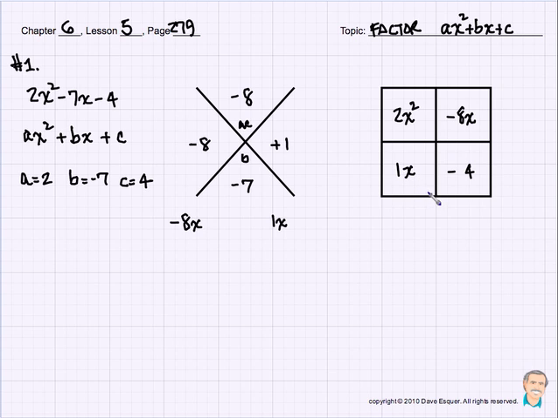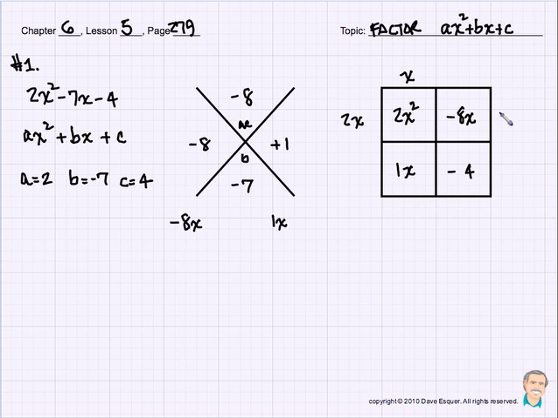Again, we're just finding the sides that give us the areas in the box, the opposite of chapter 5. So in order to get an area of 2x squared, we're going to try an area of 2x, and obviously the other area must be x. 2x times x gives me 2x squared.